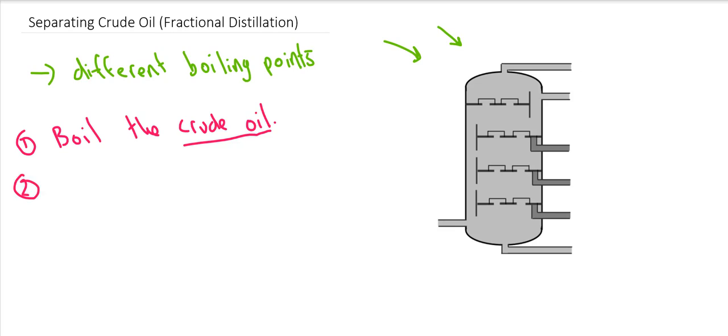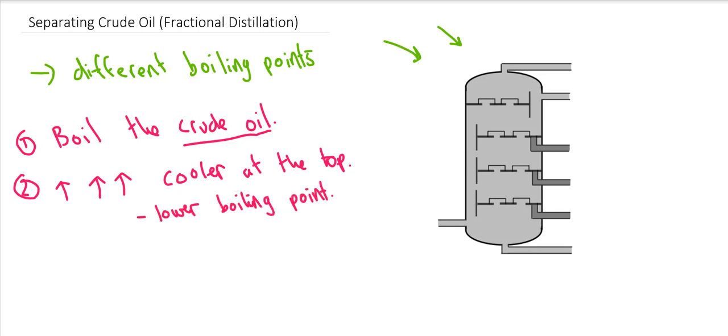Now, the light molecules, or the shorter chain alkanes, will rise to the top of the column. And the reason they rise to the top of the column is because it's cooler at the top. Now, the shorter alkanes have a lower boiling point, and this is because they have weaker intermolecular forces.